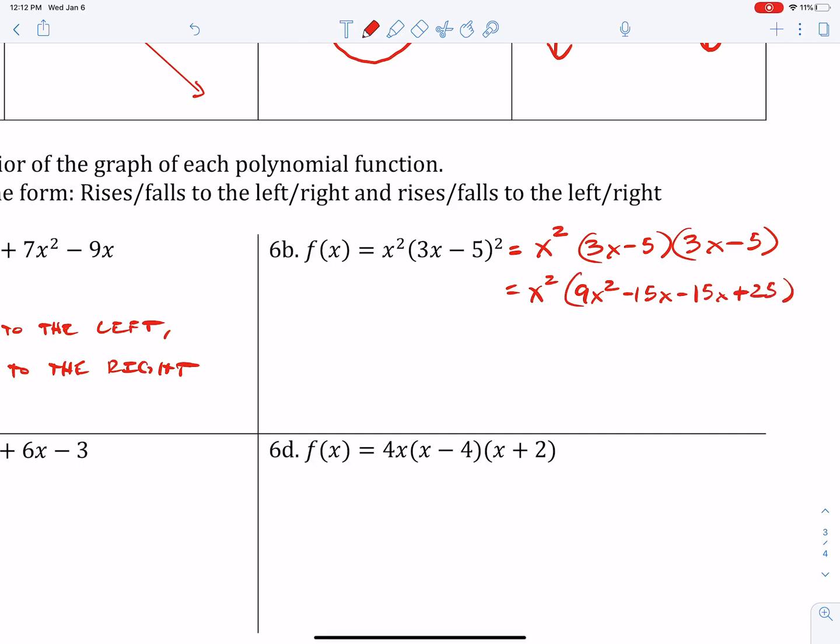We need to then combine like terms. X squared. I have 9x squared minus 30x plus 25. And then what I'm going to do is I'm going to distribute that x squared. I'm going to distribute my x squared now.